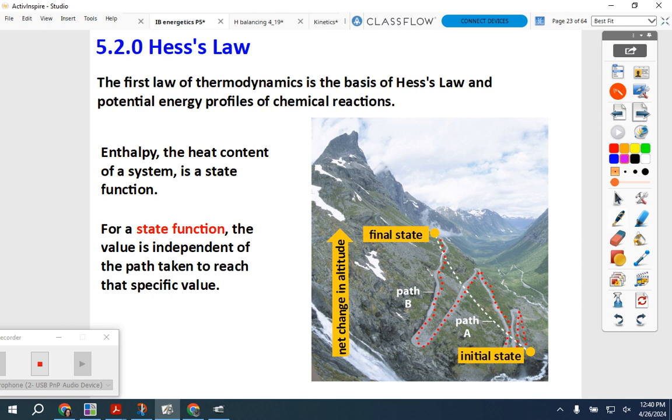You don't really want to do that. However, there's this nice switchback path. The change in location from the beginning to the end is the same, whether you go as the crow flies or walk on the trail. You are still traveling the same net amount, getting to the same place, the same answer. And we can do the same thing with reactions.